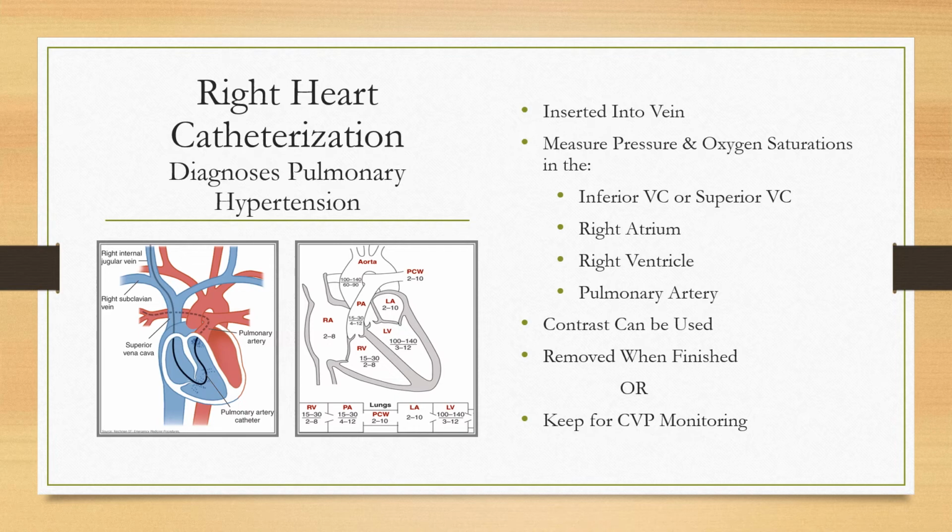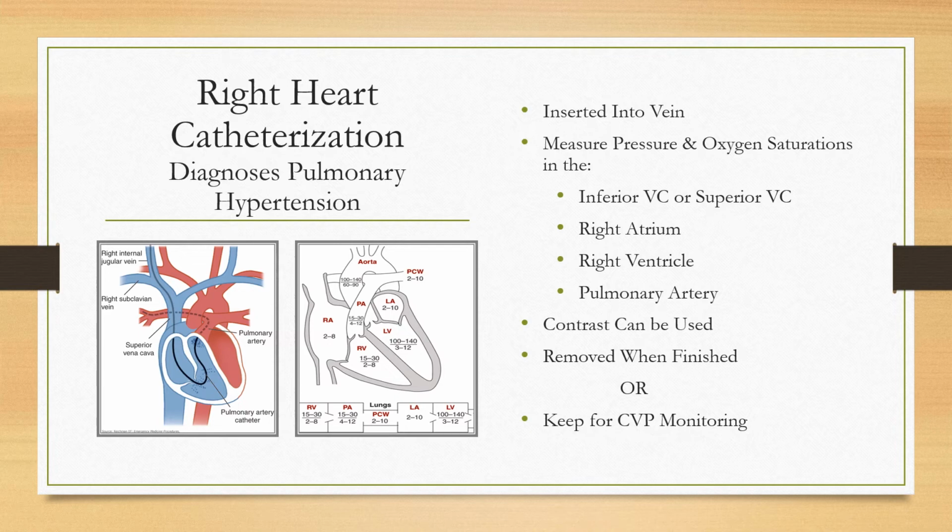So that's what a right heart catheterization is used for, and it can be helpful to diagnose pulmonary artery hypertension, right? So if you have really high pressures in your pulmonary artery, there's usually a reason for that. So what can cause pulmonary artery hypertension?